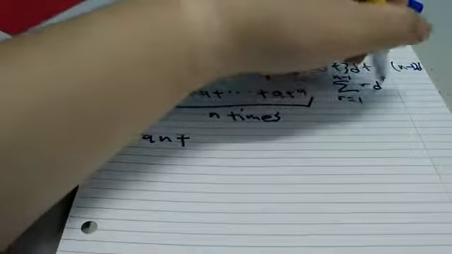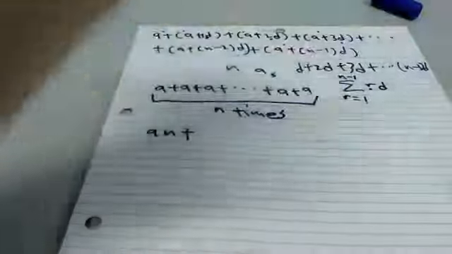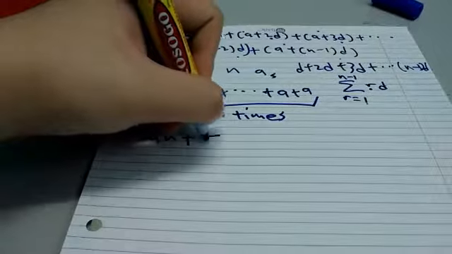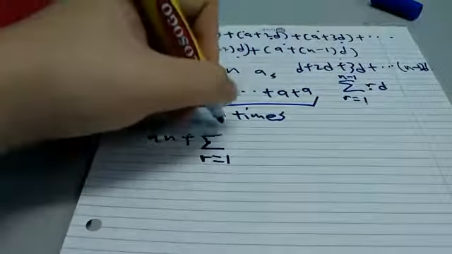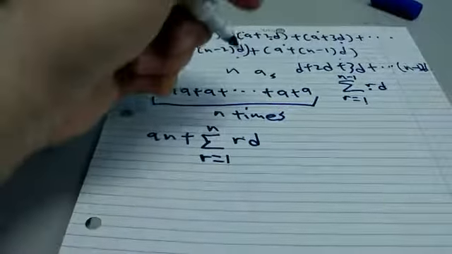When r is equal to 1, I substitute d; r is equal to 2, 2d, 3d, until n minus 1. So we can simplify it to this, where r goes from 1 to n minus 1 for the expression r times d, where d is a constant.